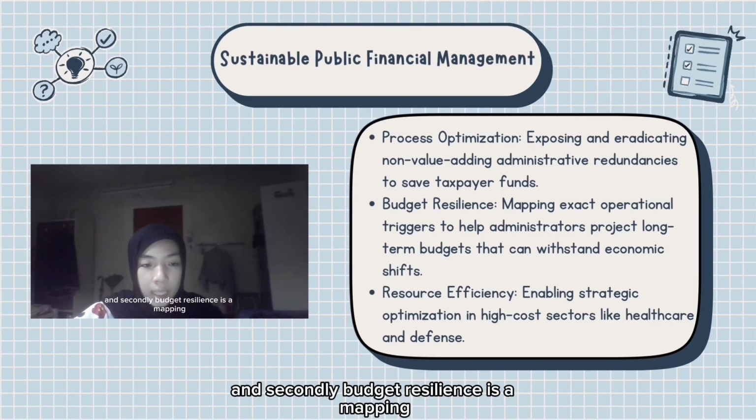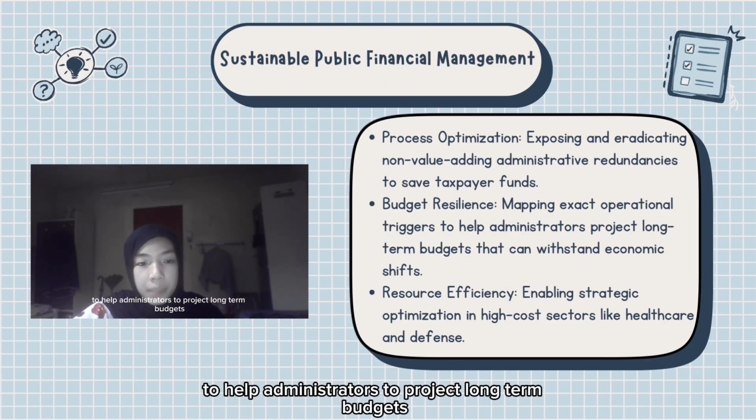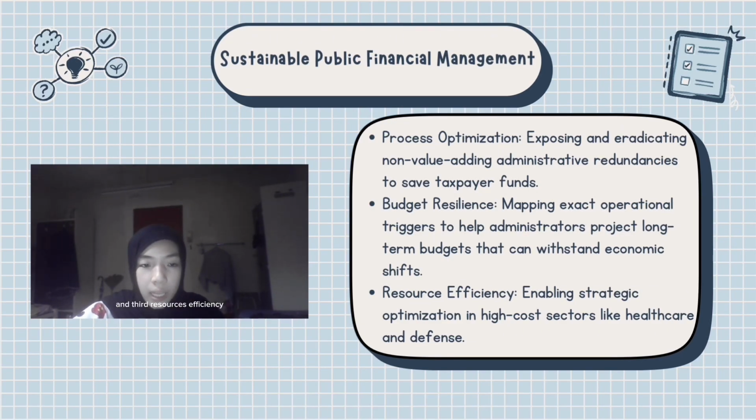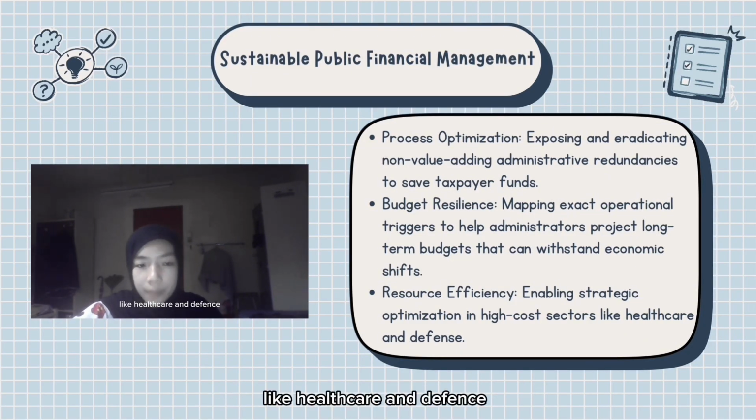Secondly, budget resilience, mapping exact operational triggers to help administrators project long-term budgets that can withstand economic shifts. And third, resource efficiency, enabling strategic optimization in high-cost sectors like healthcare and defense.